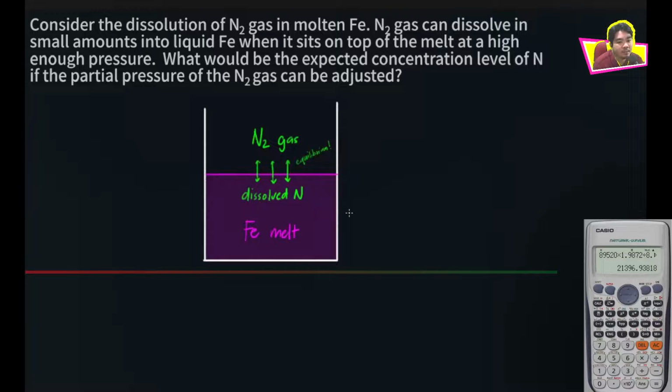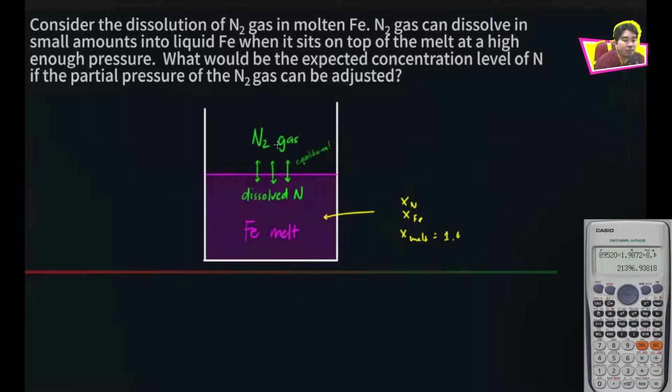Kasi ang meron dito is, you have your XN, tapos you have your XFE. And yung total ng melt na to should be equal to 1. Tapos doon naman sa taas, it's just a one mixture or a gas solution lang siya, which is just N2. Wala naman siyang other gases involved. Okay?